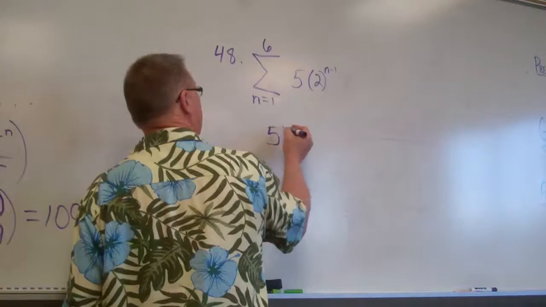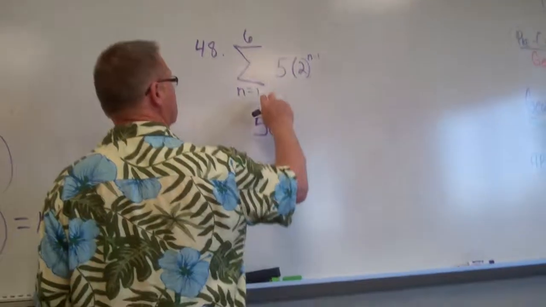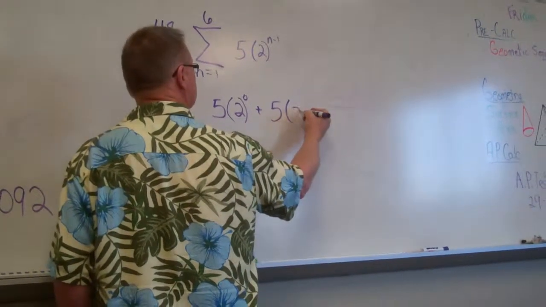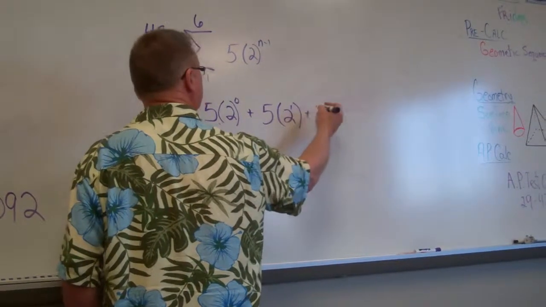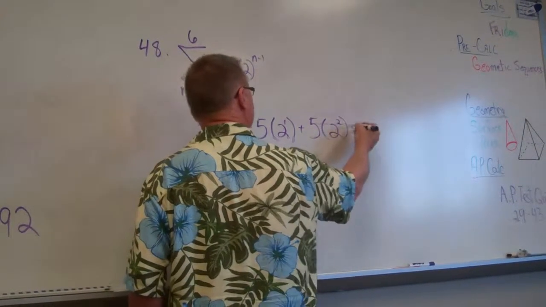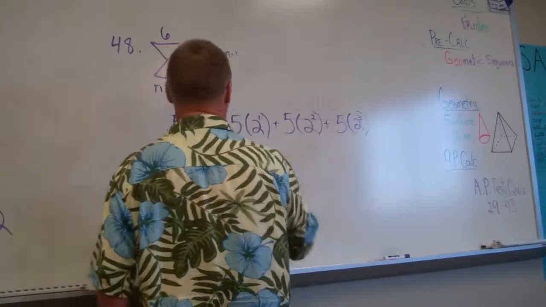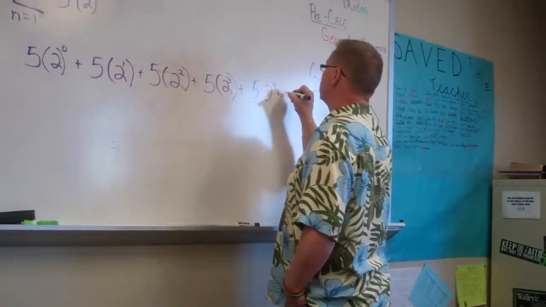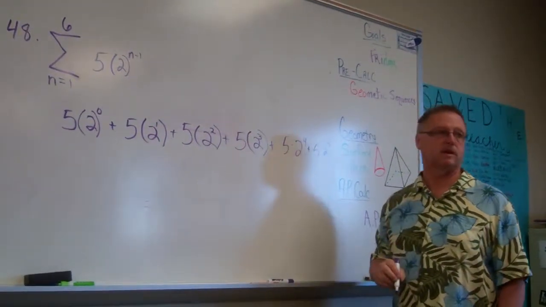The first one is going to be 5 times 2 to the 0 power, because if this is 1, then 1 minus 1 is 0, plus 5 times 2 to the 1, plus 5 times 2 to the second, plus 5 times 2 to the third, plus 5 times 2 to the fourth, plus 5 times 2 to the fifth. Now you could do that all kind of long and slow and careful. That'll work.